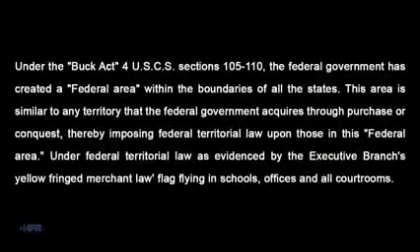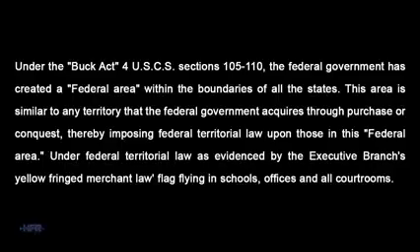Under the Buck Act, Title 4, United States Code Services, Section 105 through 110, the federal government has created a federal area within the boundaries of all the states. This area is similar to any territory that the federal government acquires through purchase or conquest, thereby imposing federal territorial law upon those in this federal area.